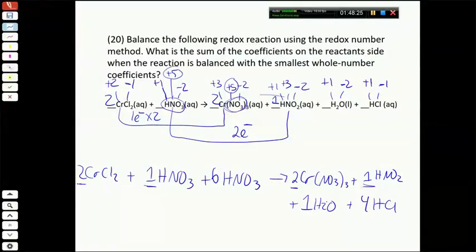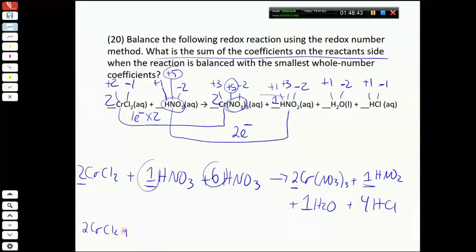So that's the final set of coefficients, and we're looking for the sum of the coefficients on the reactant side. Now we would simplify this a little bit too, I suppose. We could write this out in a simpler way. We can take these 2 coefficients, a 1 and a 6, and combine them back into a single coefficient, 7 HNO3.